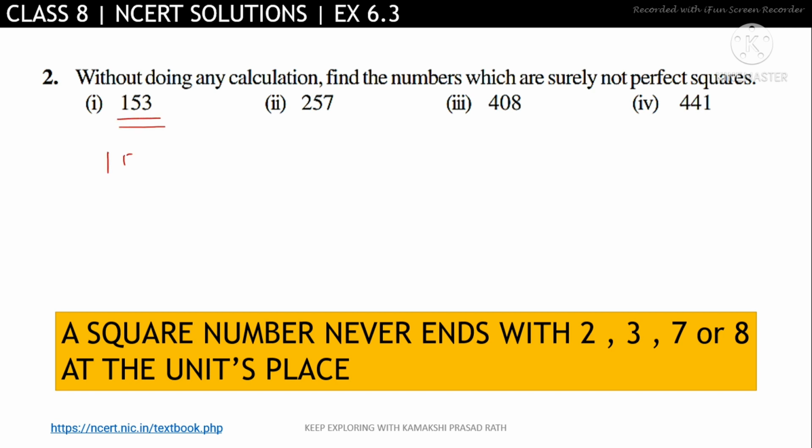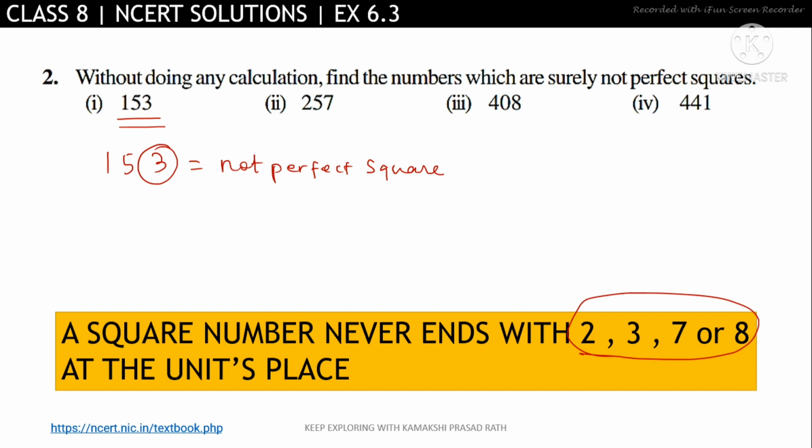In 153, the ones place is 3. Since the ones place is 3, according to this property, we can say this is not a perfect square, because a square number never ends with 2, 3, 7 or 8. So 153 is not a perfect square.